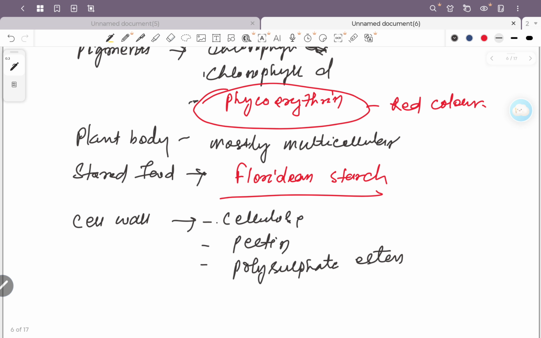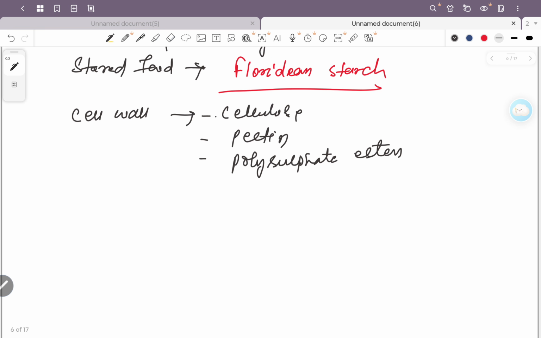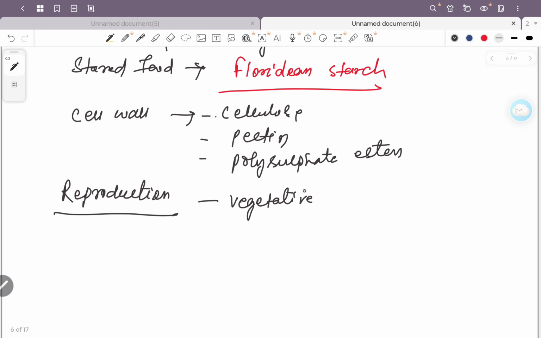Now come to the reproduction. Reproduction is again the same. Here vegetative is by fragmentation, then asexual is by non-motile spores. Here remember, these are non-motile.